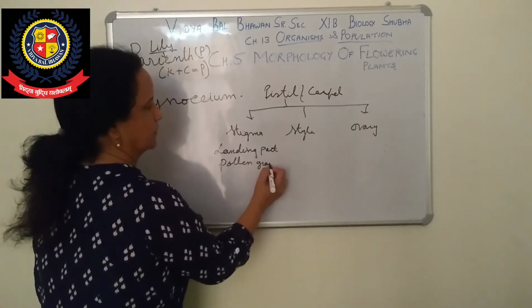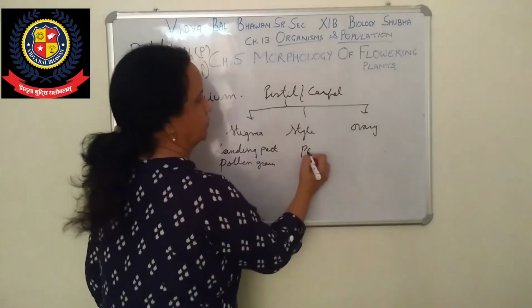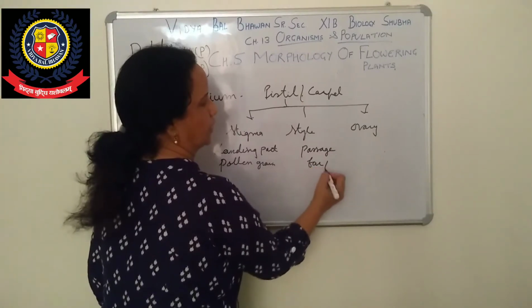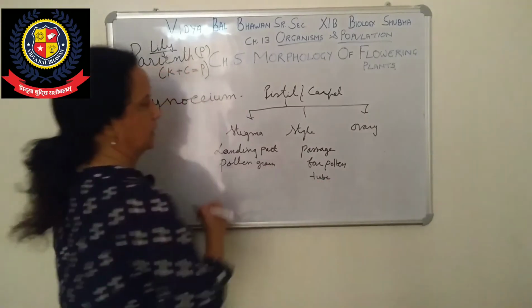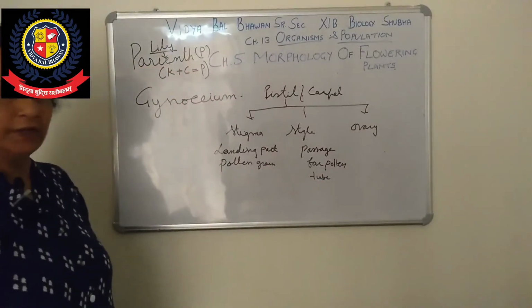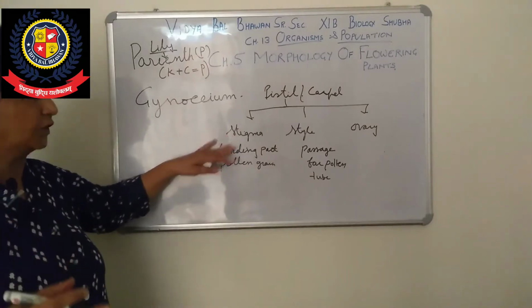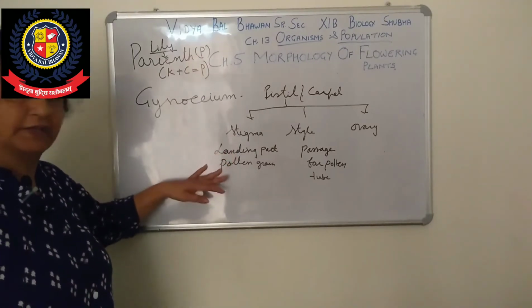The style provides the passage for the pollen tube. The ovary is the receptive part, receiving the pollen grains.